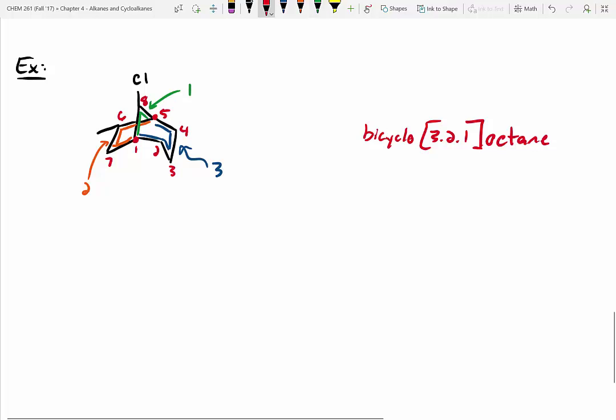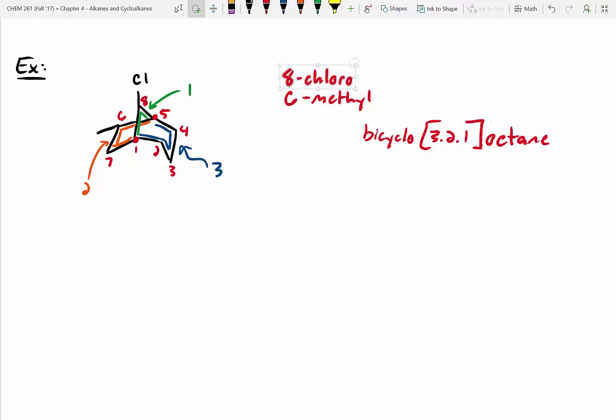So now if we look at it, the chlorine is coming off of position 8. So we've got an 8-chloro. And then off of carbon 6, we have a methyl group. So it'd be 6-methyl. So now the question is, which one goes first? And again, you want to alphabetize them. So 8-chloro should actually go first.